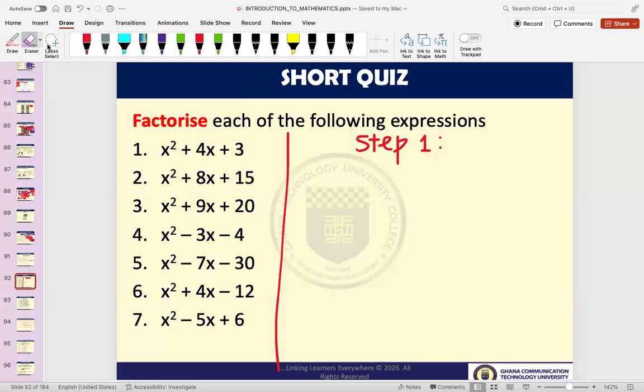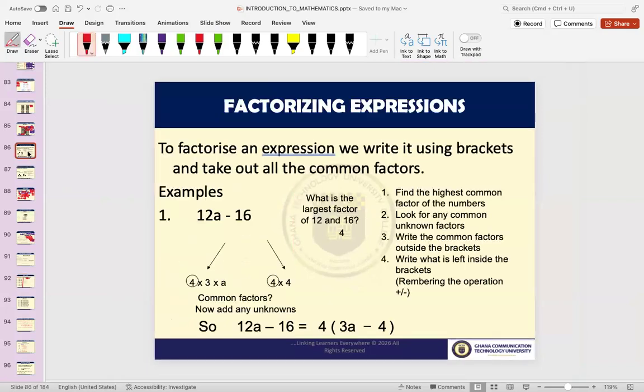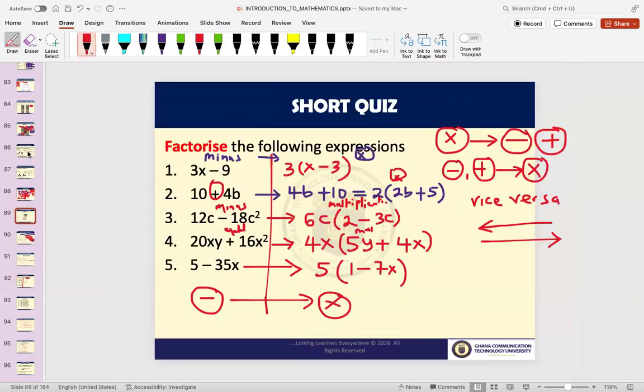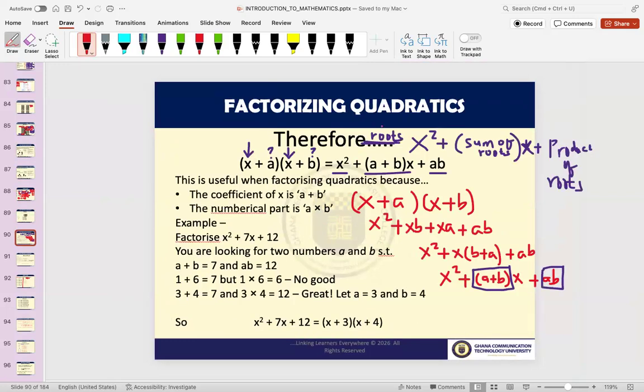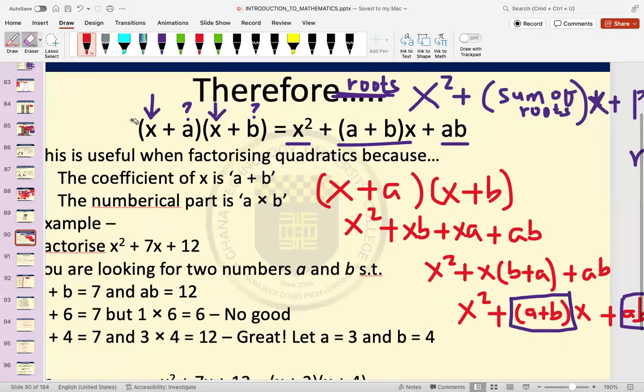Step 1, let me even write the original equation so you don't get confused from the expansion. From the expansion, let me go back so that you can have a good look at that expansion. This one, let me come back here and write the steps here for you so you can follow.